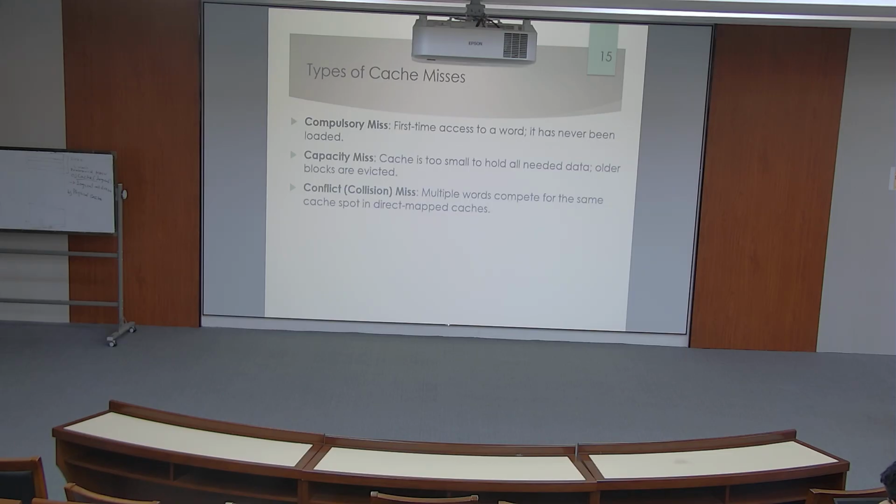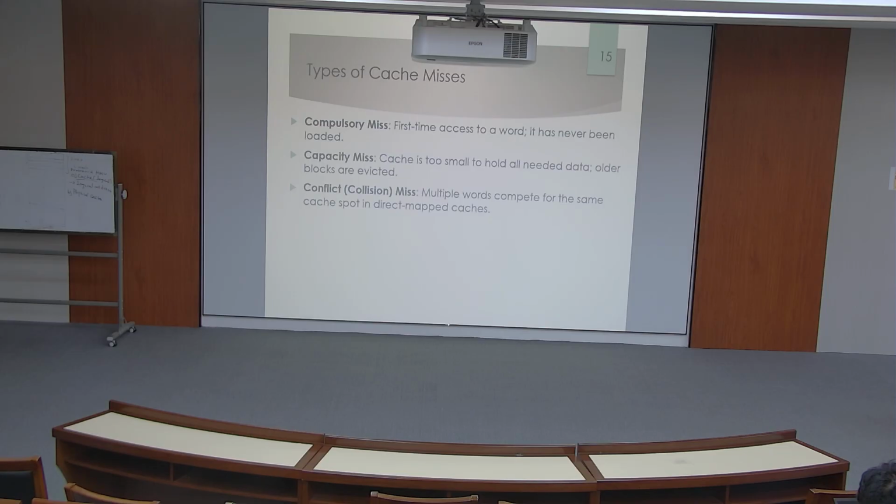Now, compulsory miss. This is the first time to access the word. That means the word has never been loaded into the cache memory. So this is a compulsory miss, because the word that the system is looking for has never been loaded into the cache memory.